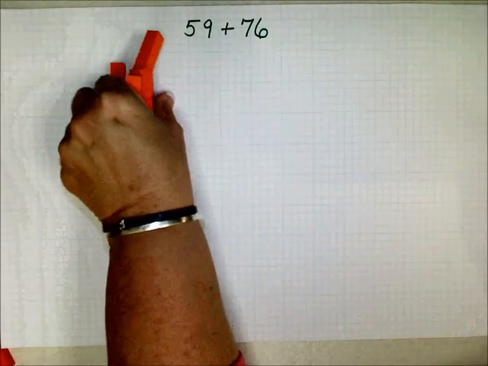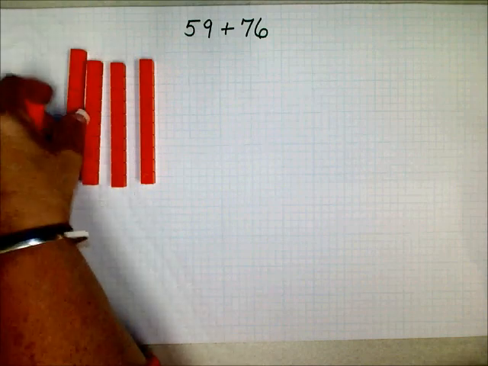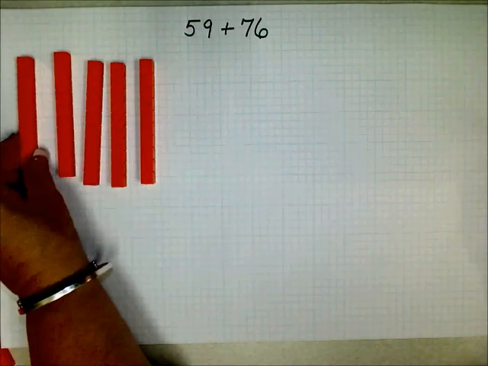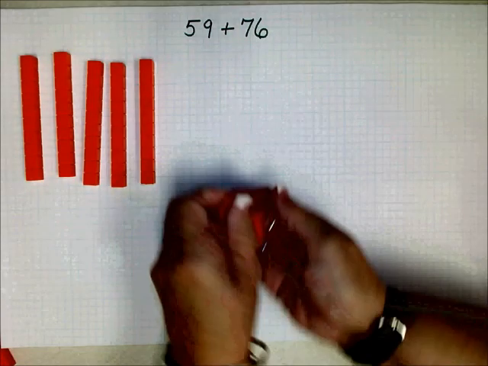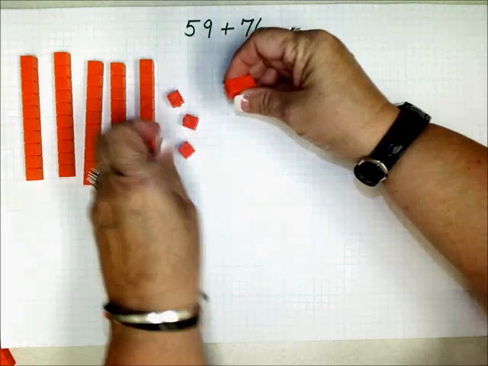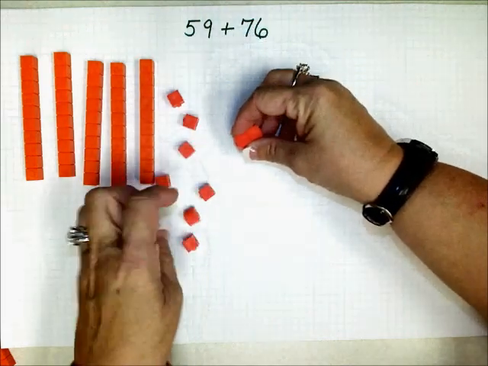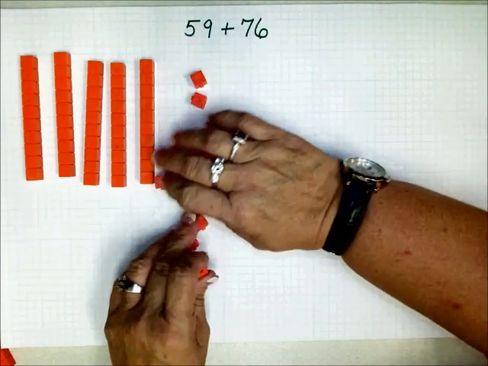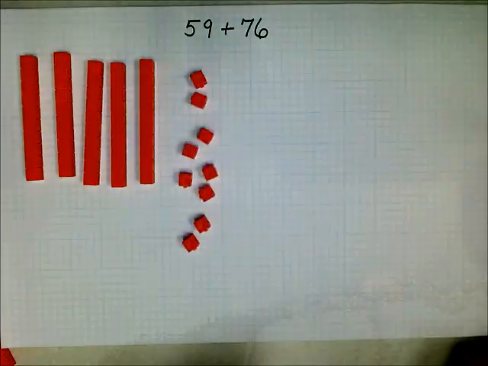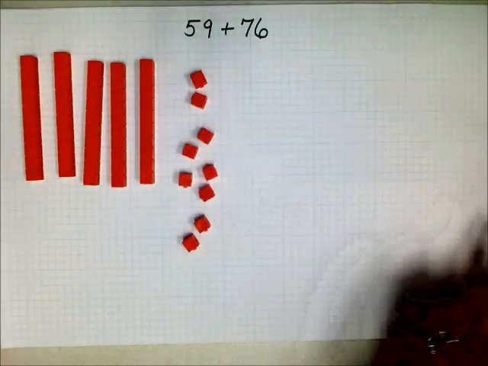So I have 5 rods or longs, and then I need 9 units. 1, 2, 3, 4, 5, 6, 7, 8, 9. So this represents 59. Then I need to model 76.